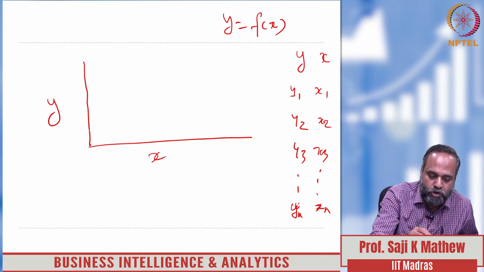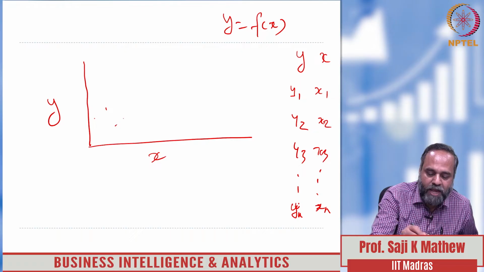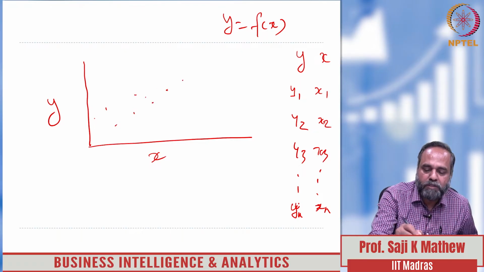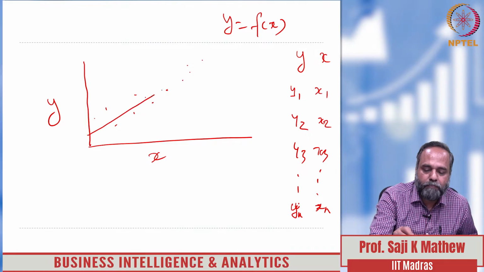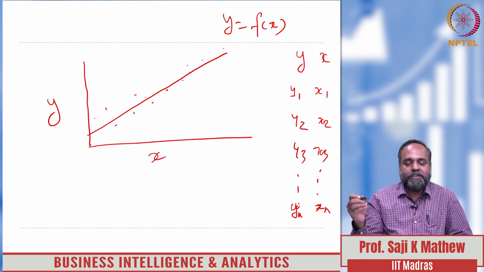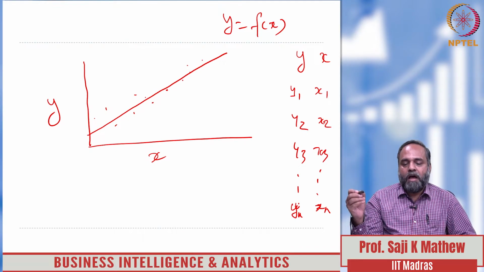I think I touched on this. If you try to have a scatter plot of this data and suppose it looks like this, and we try to fit a line like this, we are actually imagining that there is a line that fits the xy distribution of data.